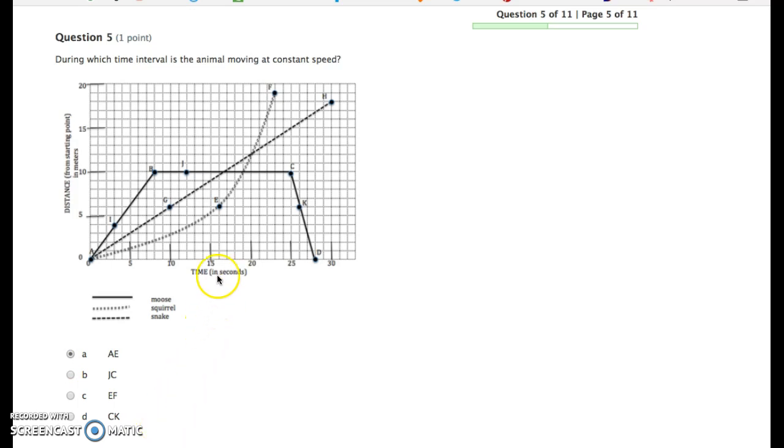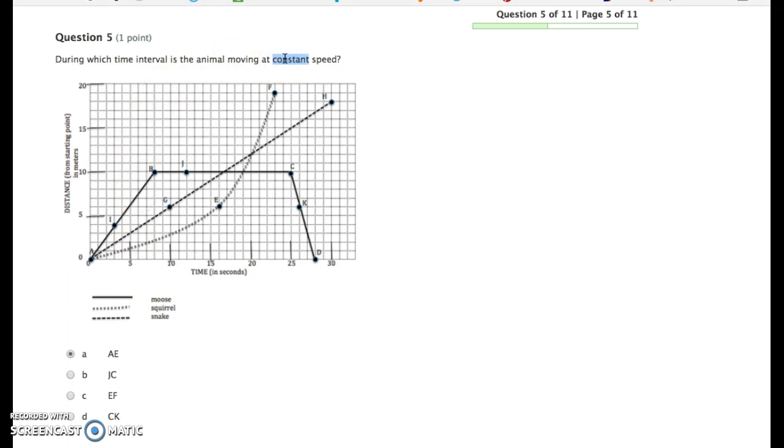JC is right here. So from here to here, there's no distance at all, so it's at rest, so that's not, I read this wrong, shoot. Sorry, I confused this with another question.